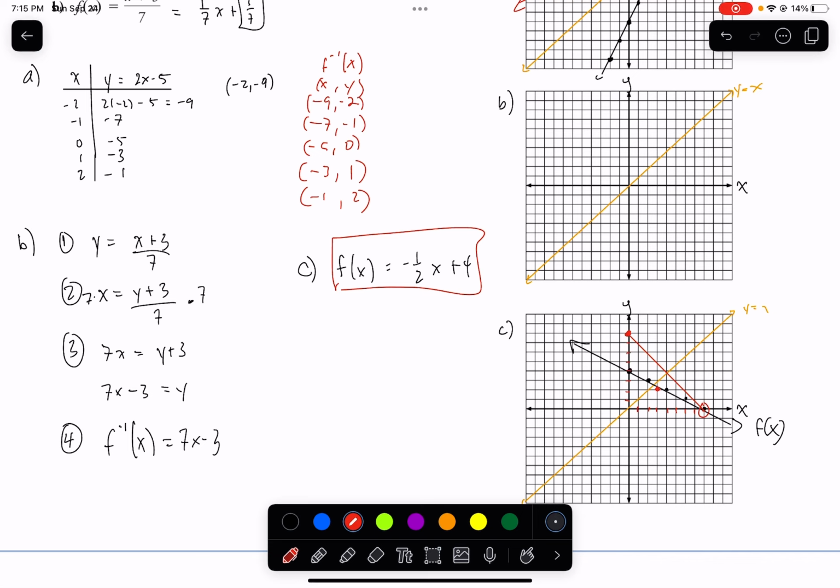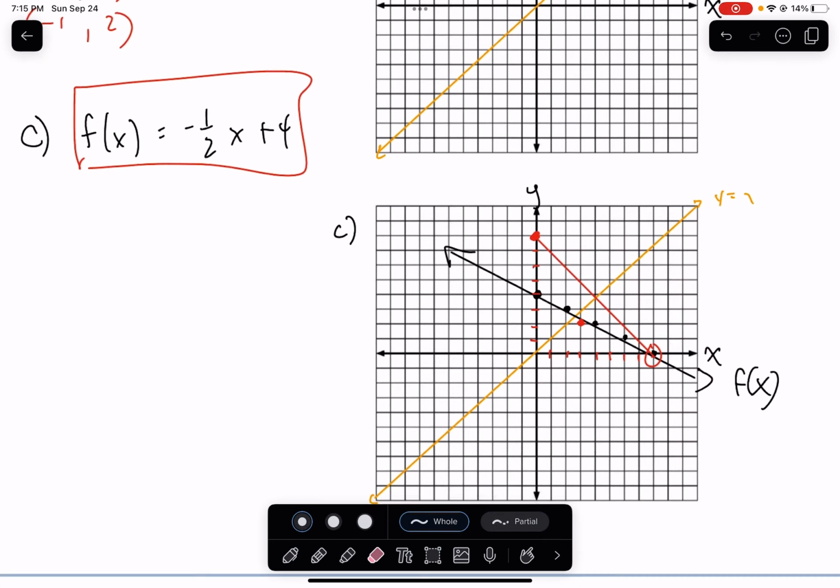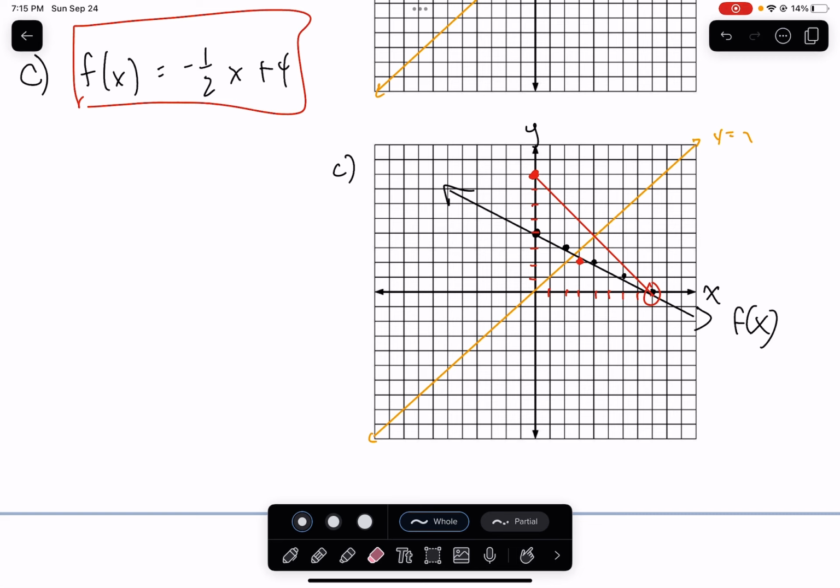Okay, so interestingly enough, if we're looking at that graph, all these points are going to be perpendicular reflections in that y equals x line. Okay, and so that's what it means to reverse the x and y values in the table of values for these graphs, because now I can just connect these 2 points.